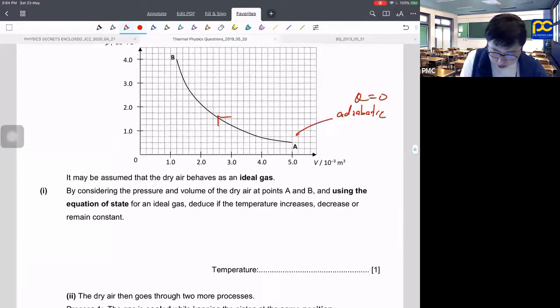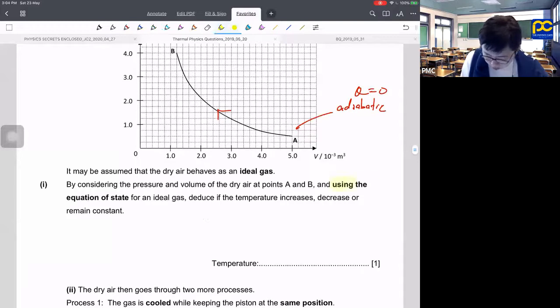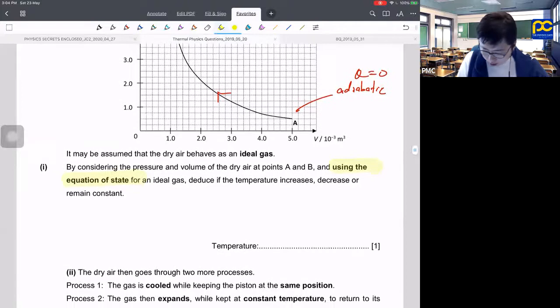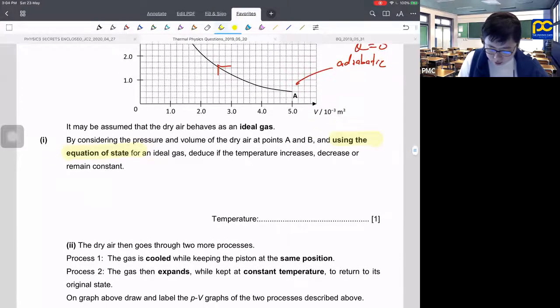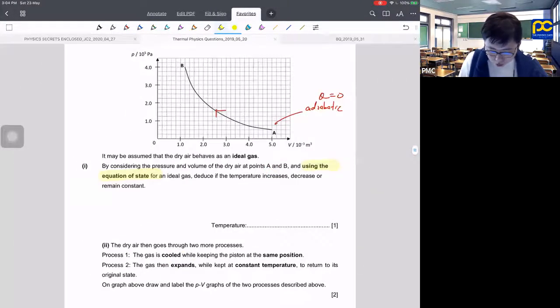Go on, everyone proceed with part 1. Use the equation of state and check whether the temperature goes up, down, or stays constant. How will you solve this question? 1 mark only. Li Yuan, get ready. Sharon, get ready also for this part.